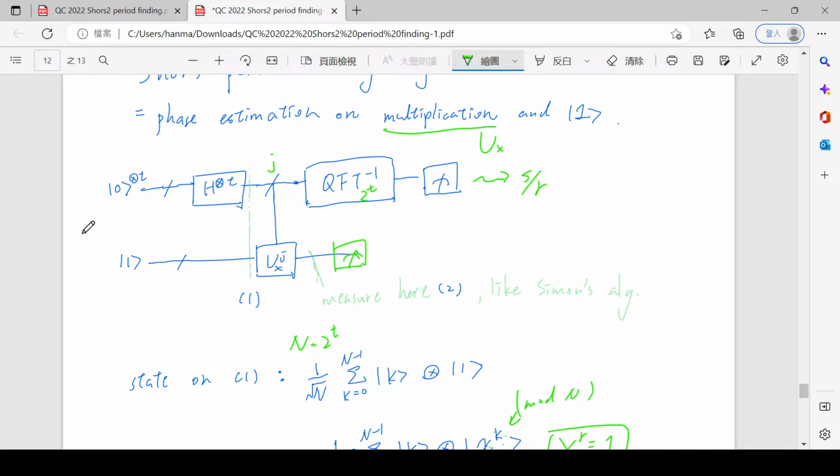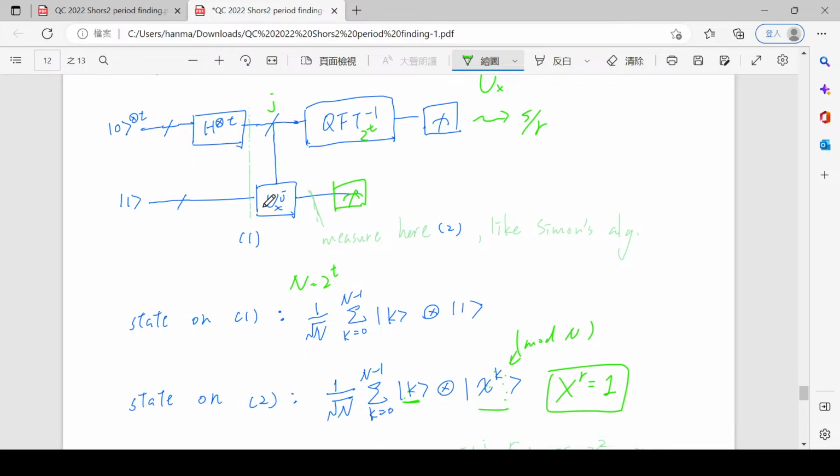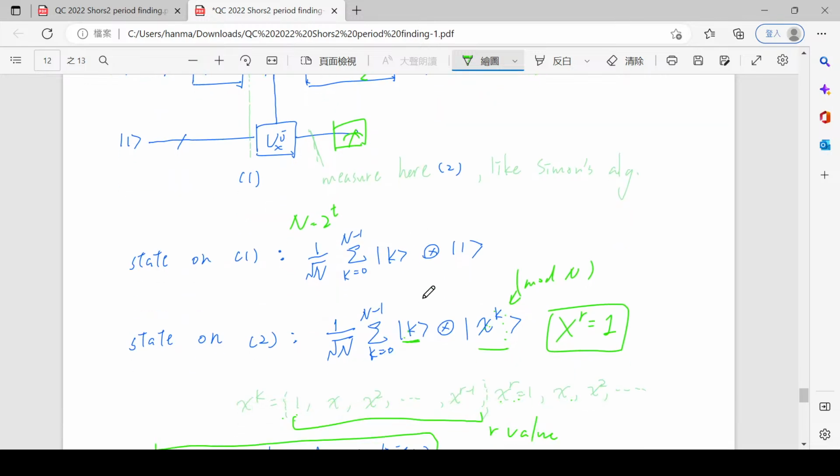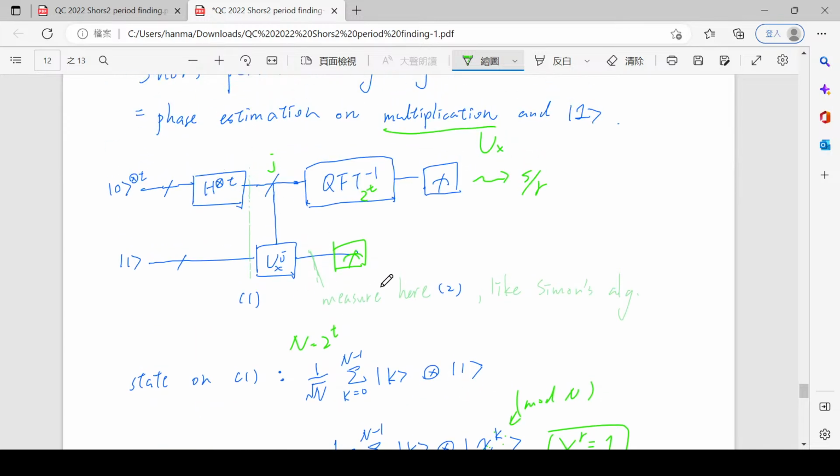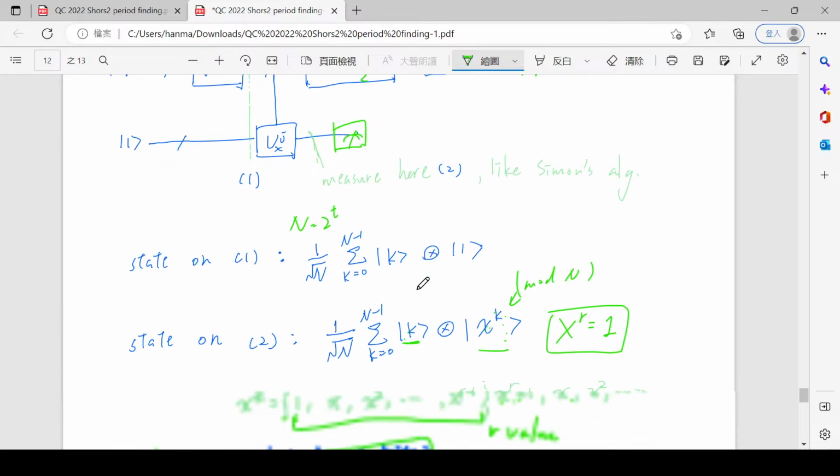So phase estimation is you start with your record register in an equal superposition of everything. Then you apply your controlled multiplication on 1. Then obviously you are going to get a whole bunch of x to some power here. So the power k is just this k here from 0 to n minus 1.